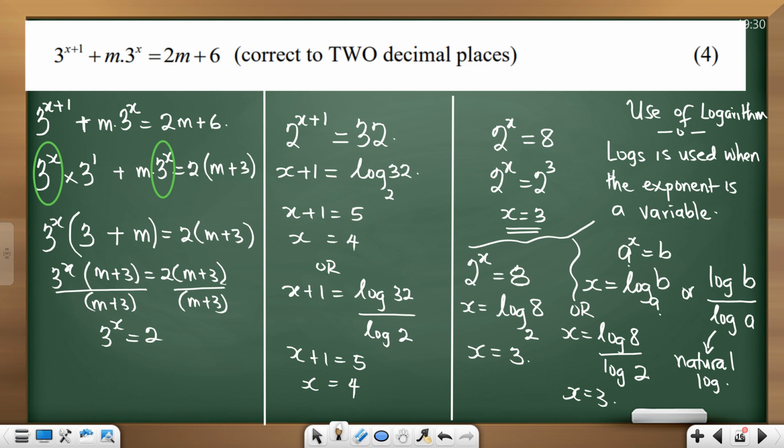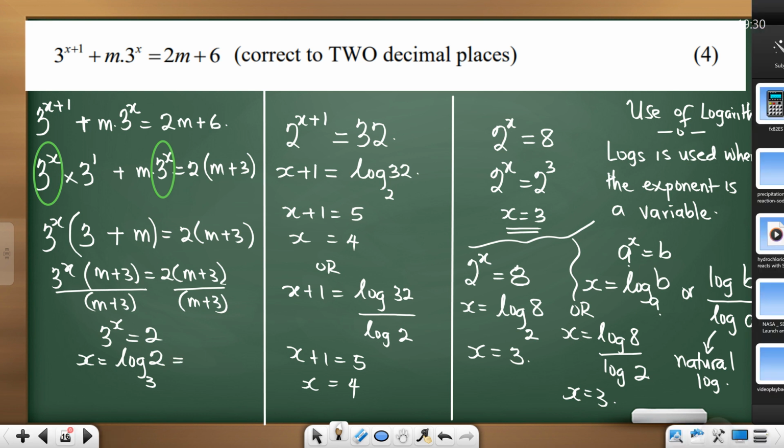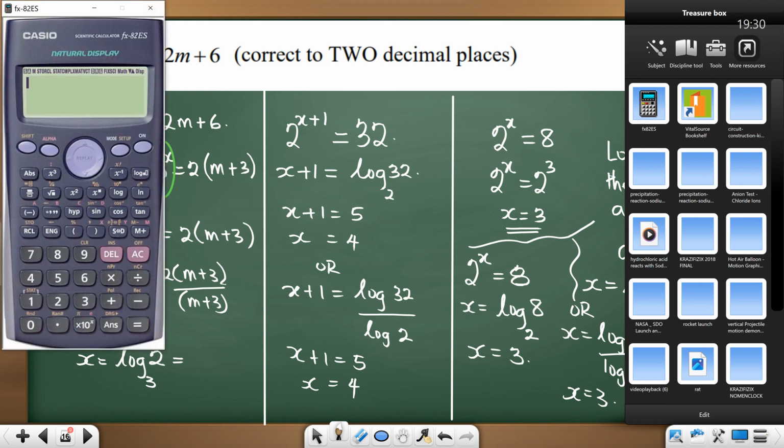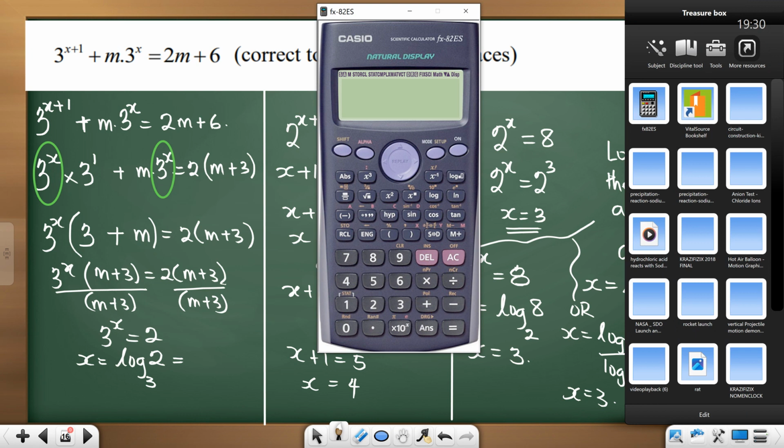Do you see that if you did not know logs, you cannot solve this one? Because you cannot write 2 to the base of 3. So what do we bring in? X equals, the 3 is the base. So it goes as the base, and I have my 2, and I get my answer. That's why they even told us to 2 decimal places. Okay.